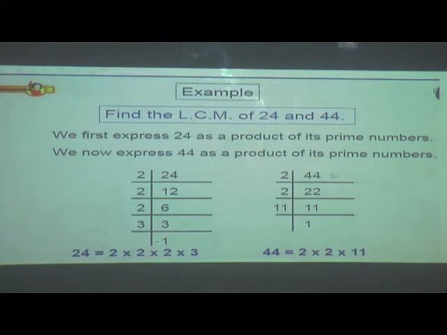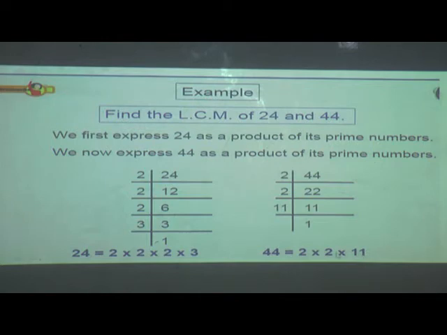Now let us see for 44. 2 twos are 4, again 2 twos are 4, we got 22. 2 elevens are 22. 11 itself is a prime number, and 11 ones are 11. So the prime factors of 44 are 2 into 2 into 11.